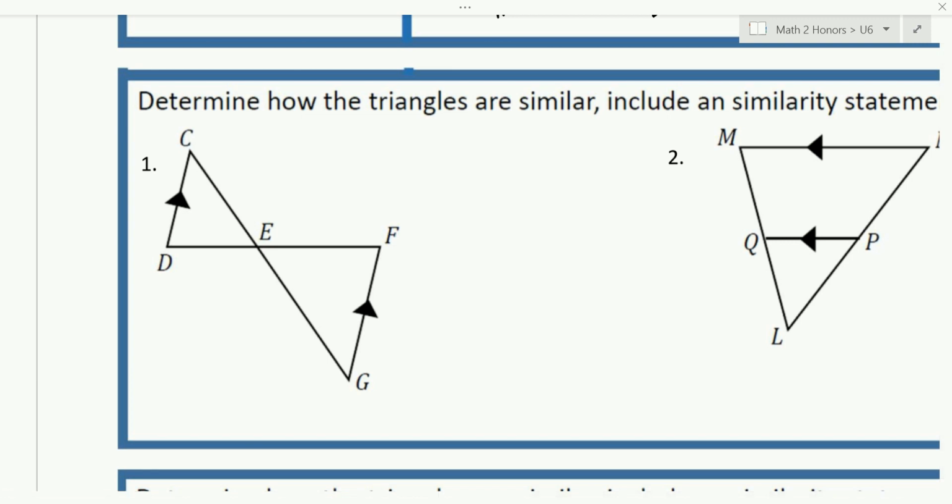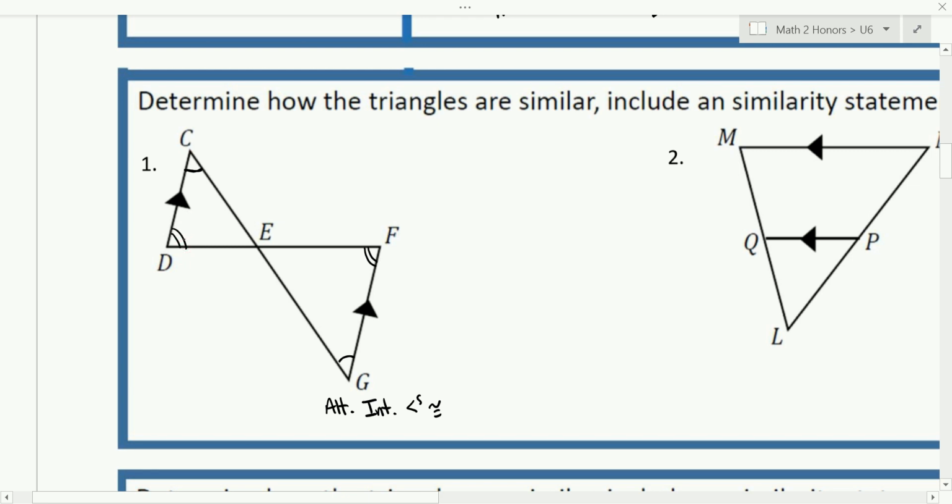Angle, angle. So which angles are congruent to which angles? Angle C is congruent to angle G. So we got alternate interior angles are congruent, right? We could also say angle F is congruent to angle D for the same reason. And now we already have angle.